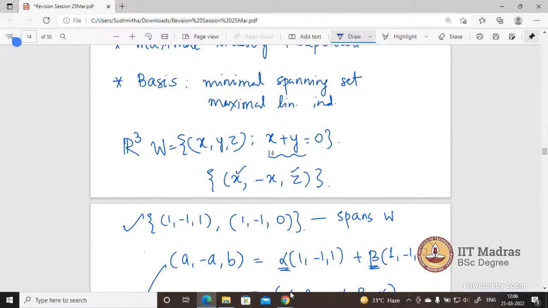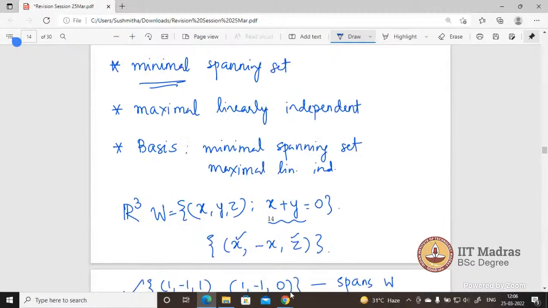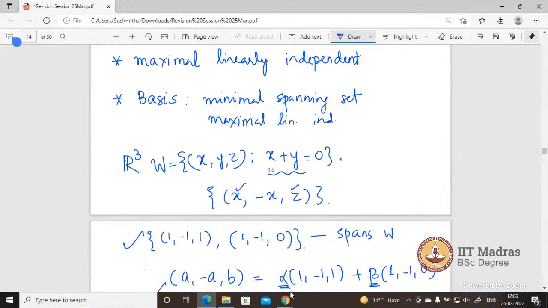Okay, so what I'm trying to do: someone asked me for an example of a minimal spanning set. So I'm trying to explain what a minimal spanning set is. For that, first I took a vector space. Is this vector space clear? It's a plane, right? Yes, this is clear.